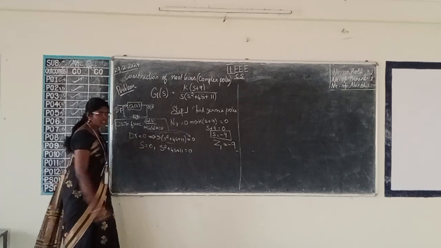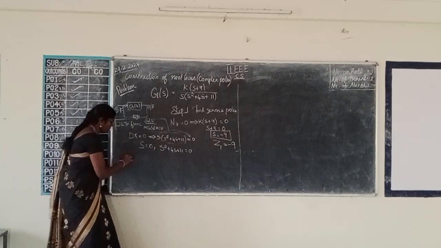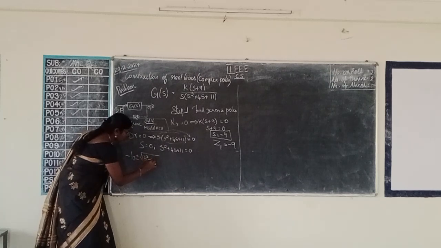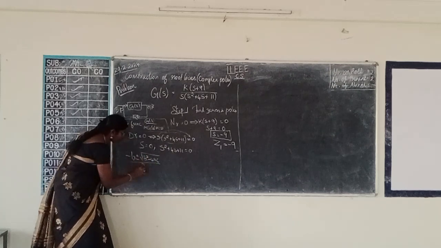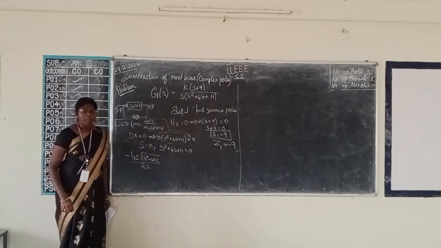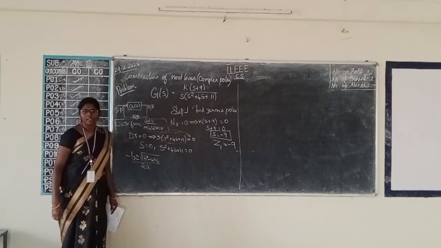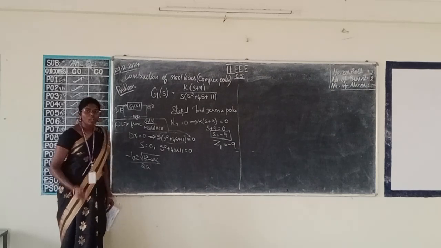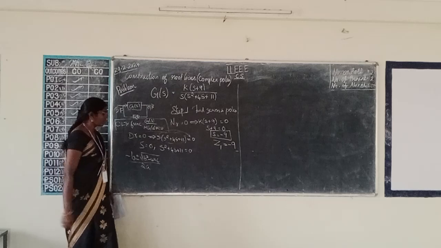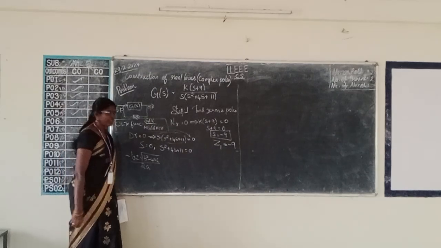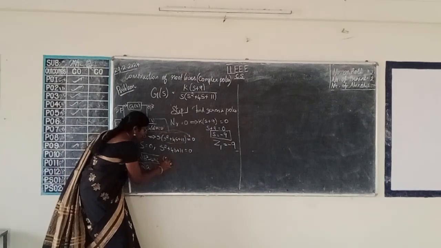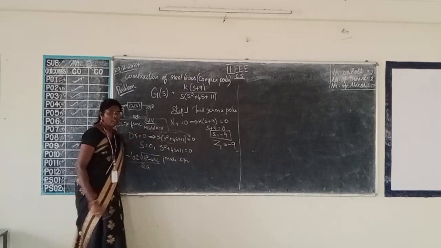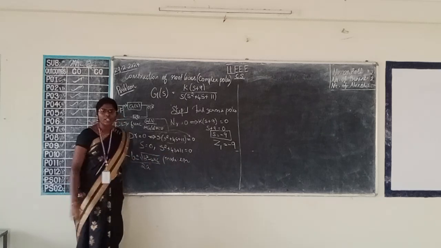We can solve this equation by using the formula minus b plus or minus the square root of b square minus 4ac, divided by 2a. But you don't need to spend that much time. Just take the calculator, go to mode, and select equation.